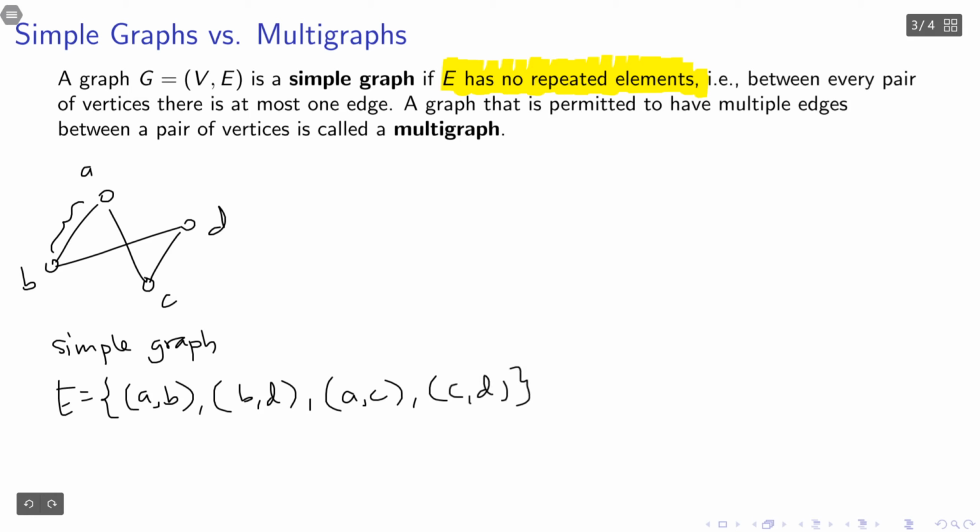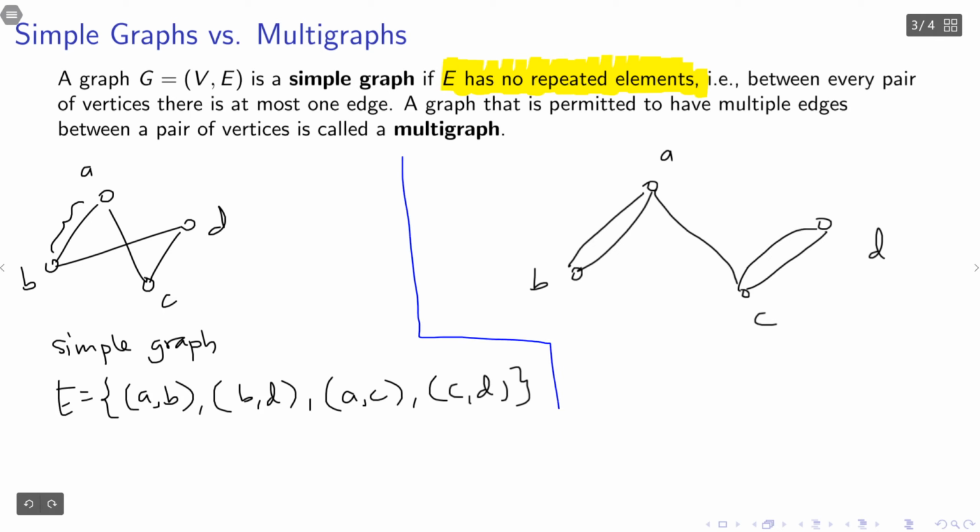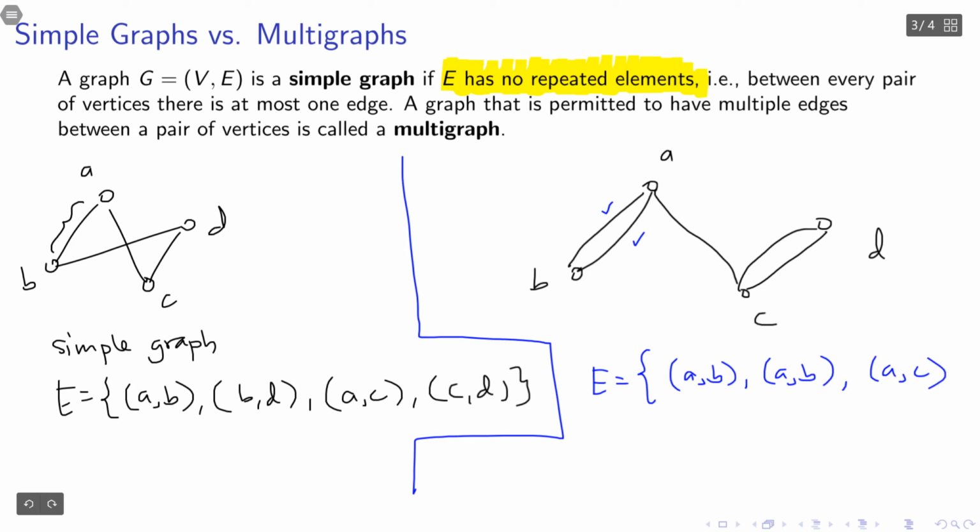Whereas if I were to draw the same set of vertices, A, B, C, D, and instead have something like this, right? So now this is something that's called a multigraph, because when you write out your collection E of unordered pairs, AB is there twice, because there are two edges in between A and B. And then AC, and then CD, and CD. Right?